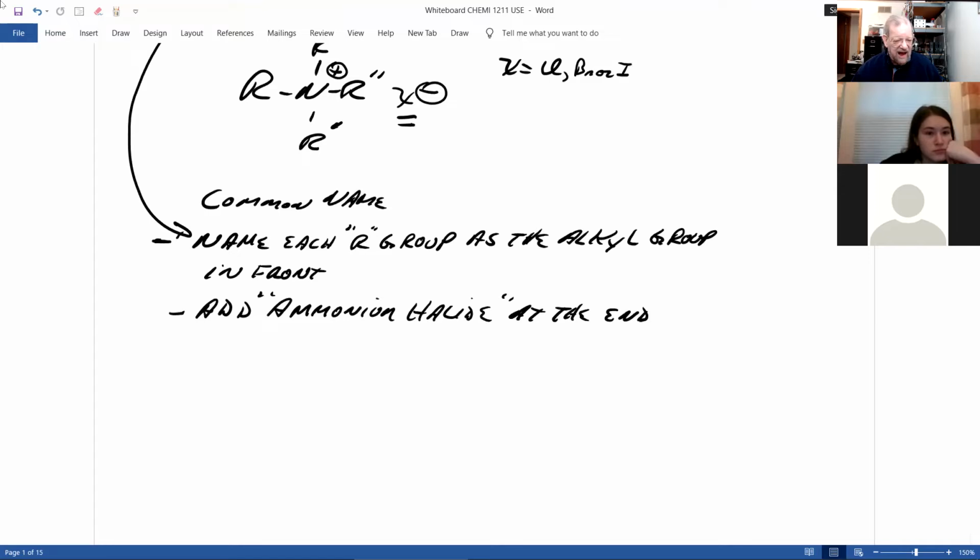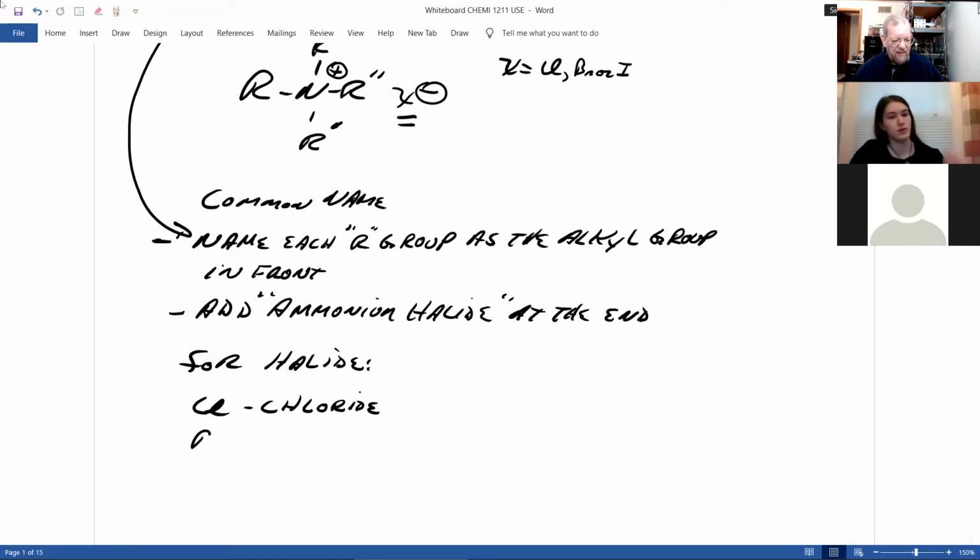Now for halide, what I mean is for chlorine, that's chloride. For bromine, that's bromide. And for iodine, that's iodide. And that's how you name quaternary ammonium salts.